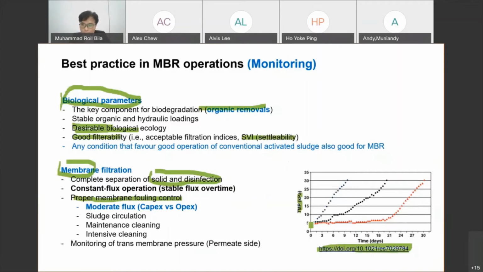You see that we have experiment number 1, experiment number 2, and experiment number 3. Stable operation means a stable pressure. As you have fouling, your pressure increases, and that is not good for MBR. You see here that if I go for the low fouling, this is a low flux.